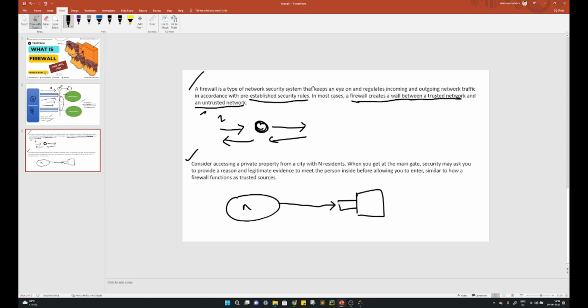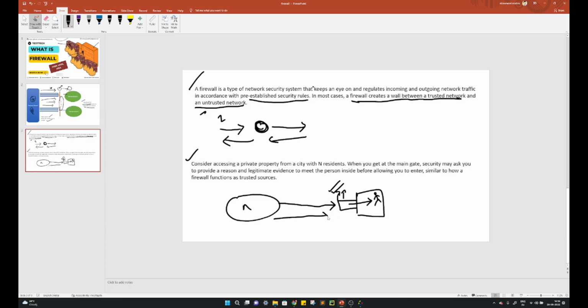Security will ask the reason why you are visiting, what you want, what appointment you have, what the work is with the person inside the private property. Once you give all the proofs and the security guard is satisfied, he will allow you to access the private land, and then you may be able to meet the person. The firewall works the same way.